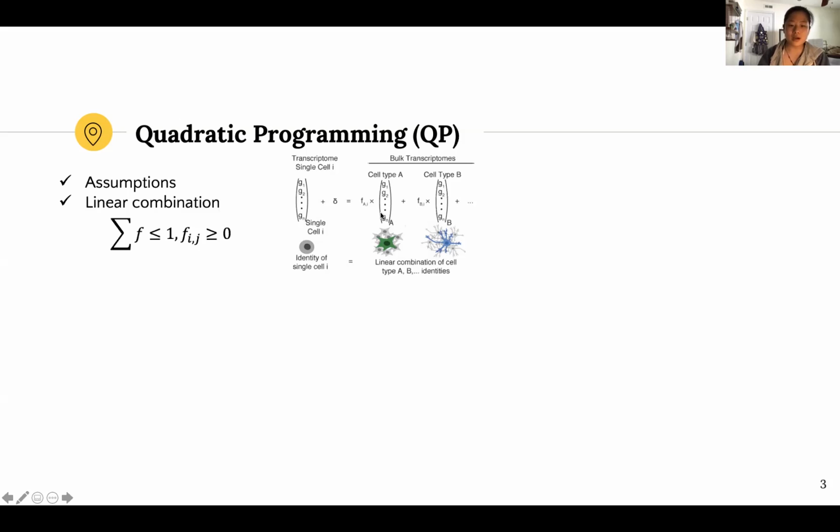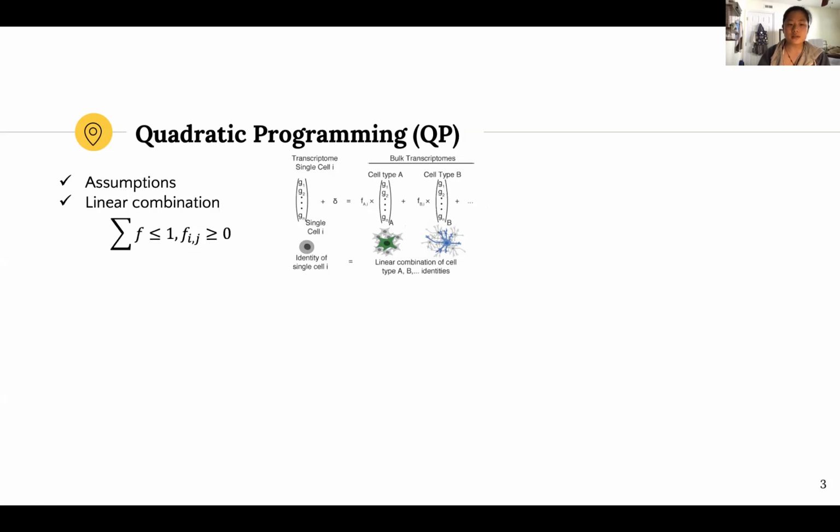These fractions are under the restriction that the sum of these fractions is less than or equal to 1, as well as each of these fractional identities has to be greater than or equal to 0.